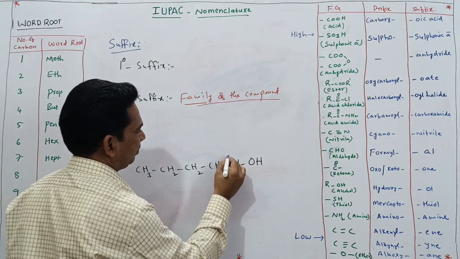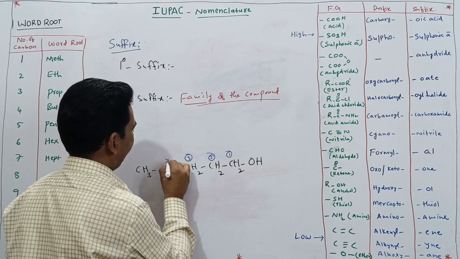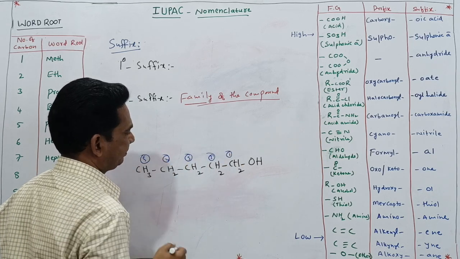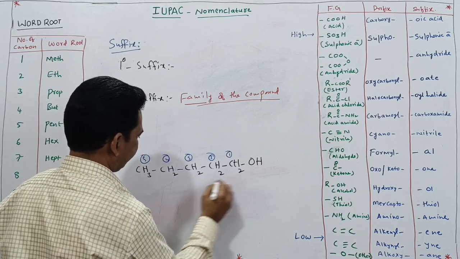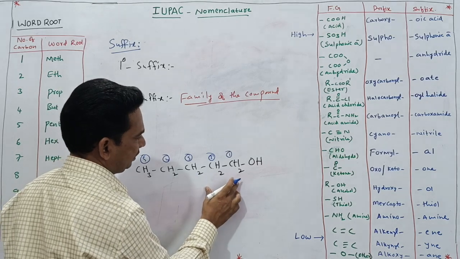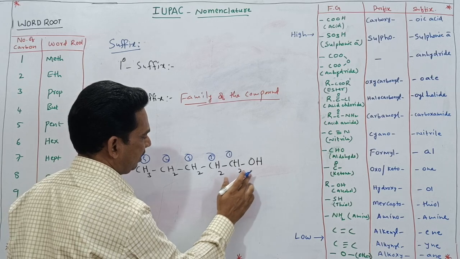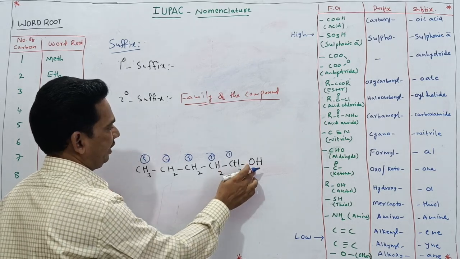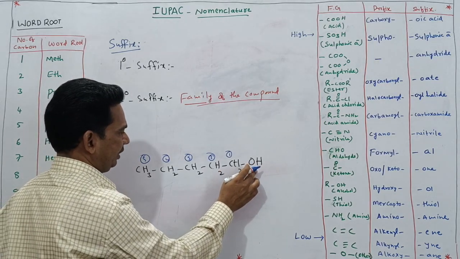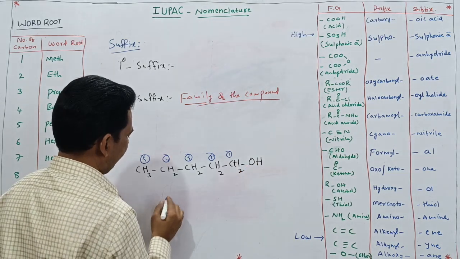Here, because of the functional group, I will start the numbering from here. 1 2 3 4 5. Now see here, any substituents? There is no substituent. The hydroxy group tells about the family, it is part of this compound. That's why we cannot write the OH group as a substituent. Okay, then what do I have to write now?